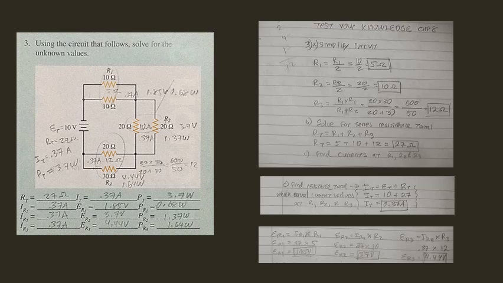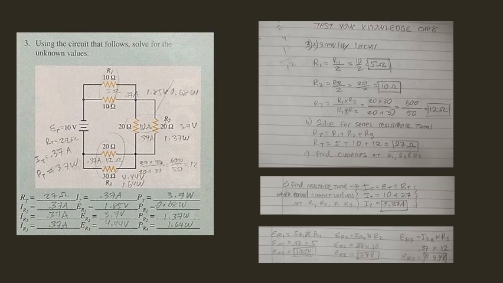For the third resistor set at the bottom of the circuit, we have two resistors of different values. We can use the product over the sum formula, or in this case 20 times 30 divided by 20 plus 30, which is 600 divided by 50, or 12 ohms.